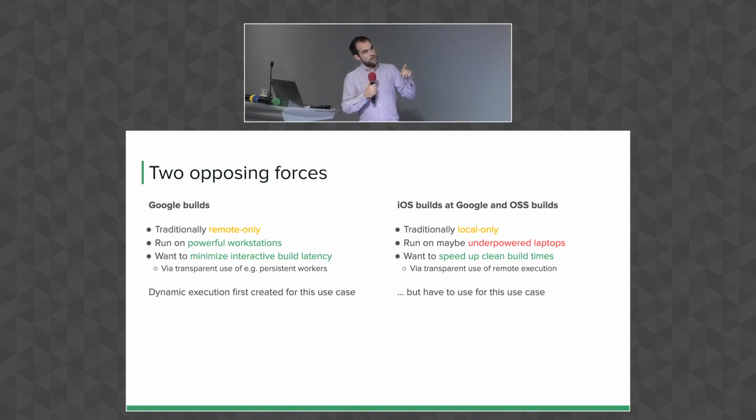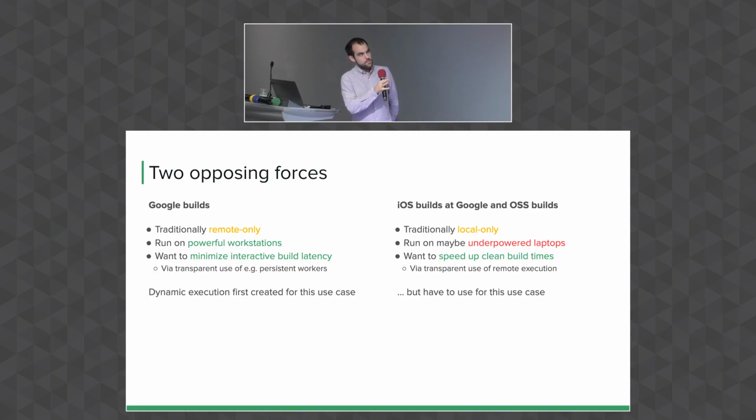Now, the problem is for our iOS builds, and actually for any build outside of Google, all the open source builds and all builds that you might have, they are probably different, right? They have been traditionally local only. You might be running them from machines that are not as powerful as a workstation. And the goal there is to make sure that clean build times are better by using remote execution, as we were seeing.